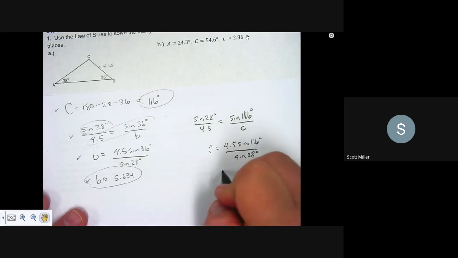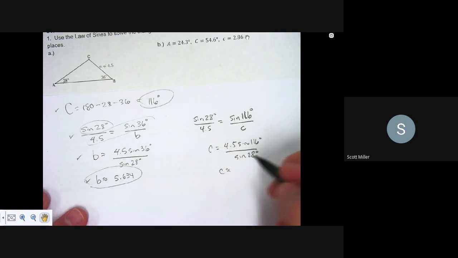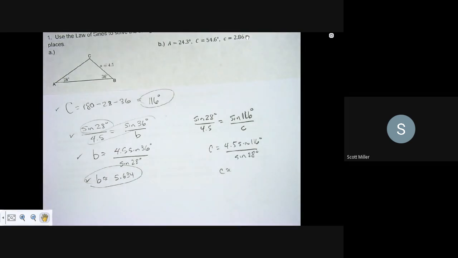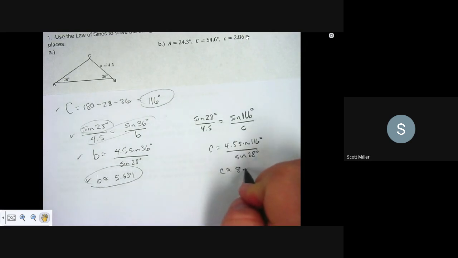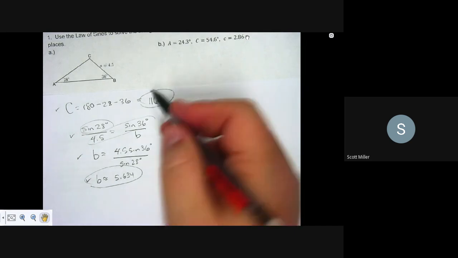Then we can go into our calculator and approximate that out, and I end up with 8.615. So there's the three pieces.